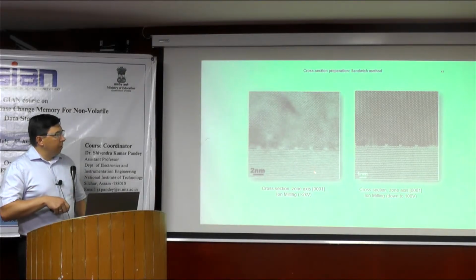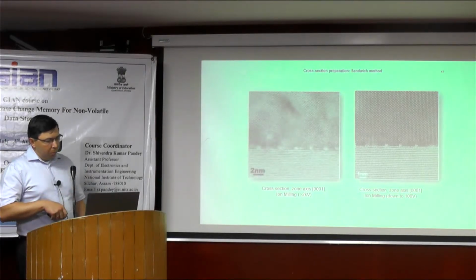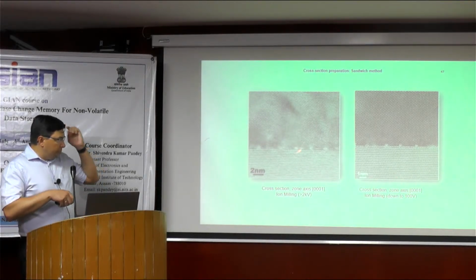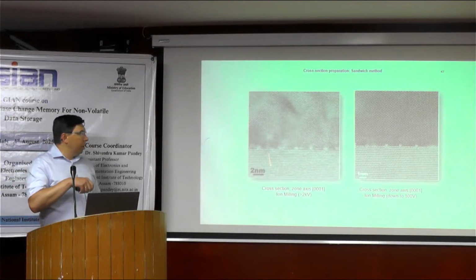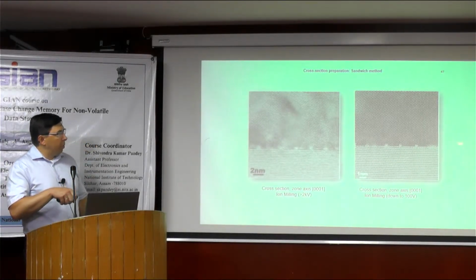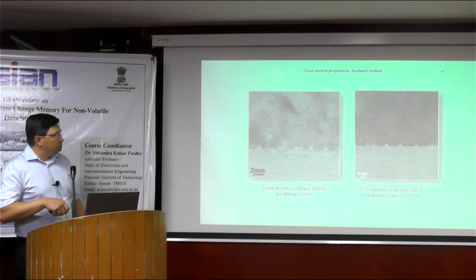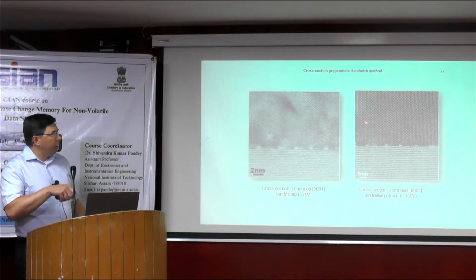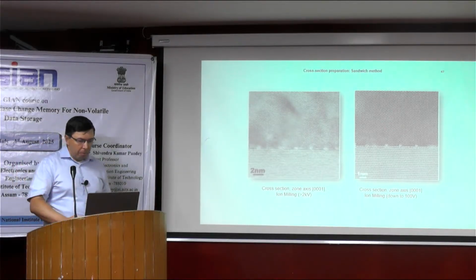And then if you use ion beam milling at very low energy, like 100 electron volt, then you can polish the surface of your specimen, and then you can reduce the thickness and get better resolution. So you see here some defects at the interface, and you see clearly the lattice of your thin film.